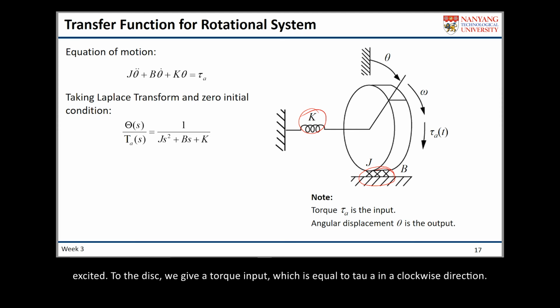To the disk we give a torque input which is equal to tau A in a clockwise direction. Consequently, the disk will rotate also in the clockwise direction by the angular displacement of theta.